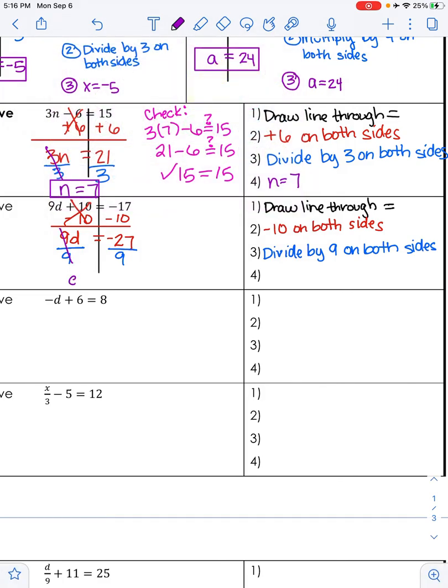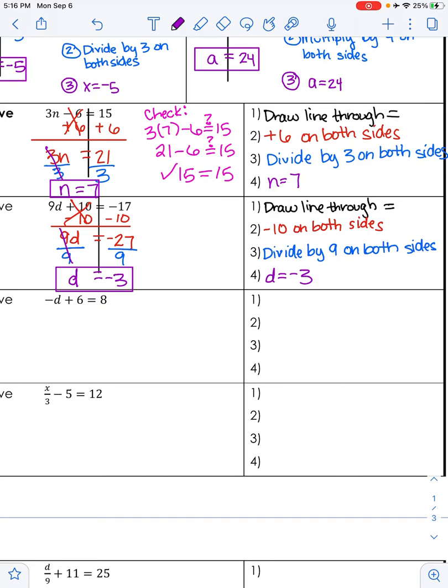When I divide by 9 on both sides, 9d divided by 9 is just d. Negative 27 divided by 9 is a negative 3. So d equals negative 3.